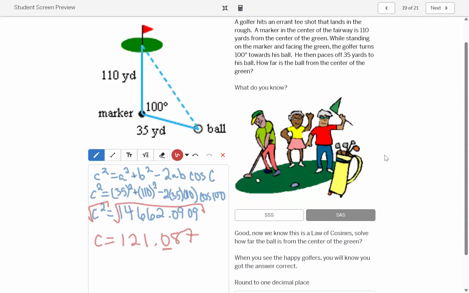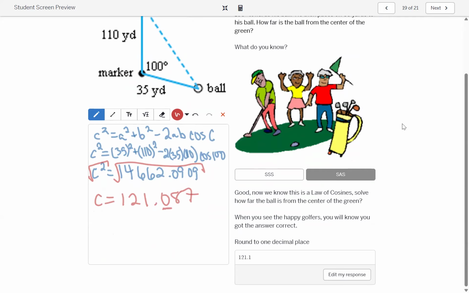So that's the calculation I got. That is a very easy mistake to make as well. When you're typing in so many numbers, it's really easy to make one typo and then the whole thing is off.